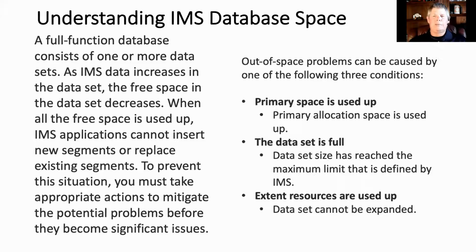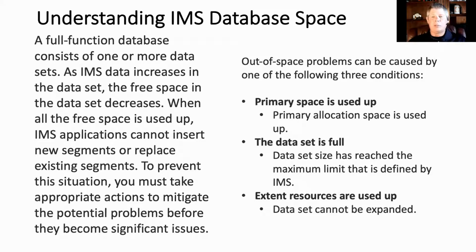So there's lots of nuances to space that could cause you problems in a data set. And all of these can be resolved in different ways. There may be ways you can reallocate and do things like that to get you out of that situation. But it's an outage. It's a problem. It's something you need to be watching for and planning for. So it's always there, and no matter what size of shop you are, that issue can still be there. They can always cause you problems.